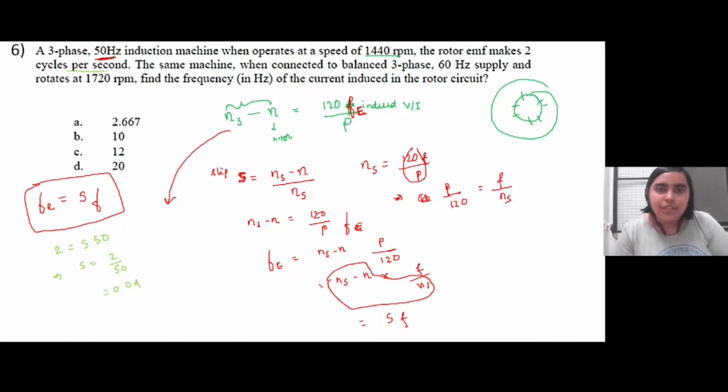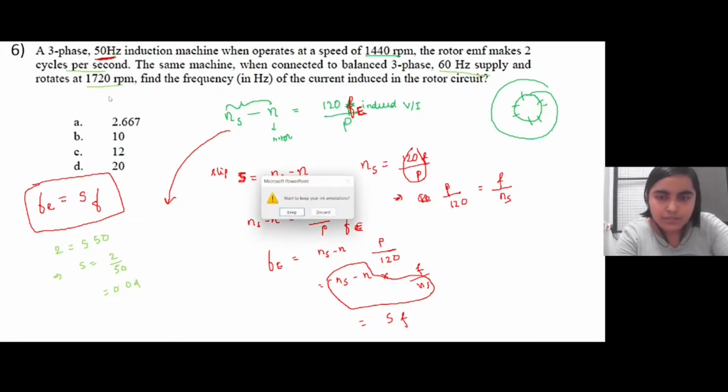Now the same machine, when connected to a balanced three-phase 60 Hz supply, rotates at 1720 RPM. So for the next case, let me just go to the next page.